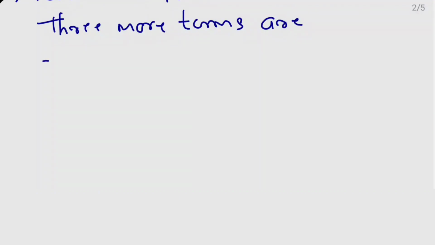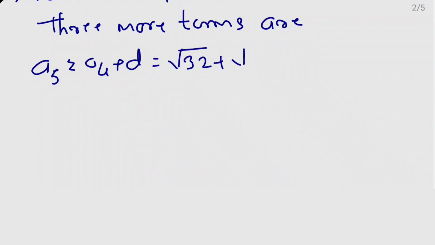We already have a4, so here a5. a5 equals a4 plus d. So a4 is root 32 plus d is root 2. Here root 32 we can write as 4 root 2, plus root 2.